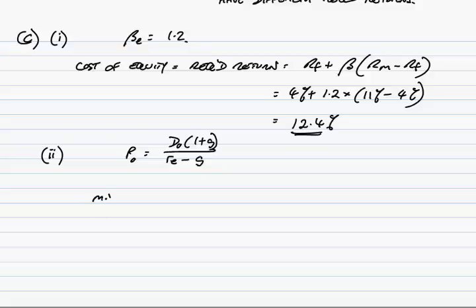So the market value per share, what's the dividend? First line. DD has a dividend payout ratio of 40%. They've maintained it for several years. The current dividend per share is 50 cents. So D0, the dividend per share, 50 cents.